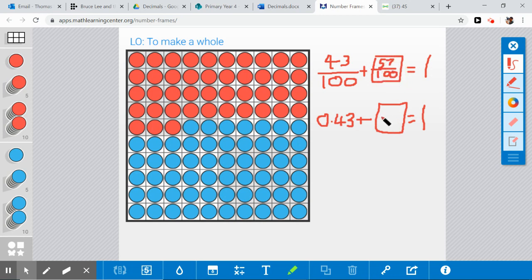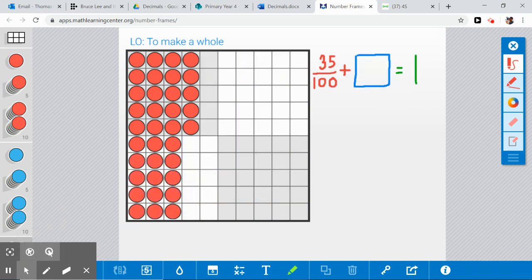And as a decimal, it would be 0.57. So we've got 43 hundredths add 57 hundredths equals one whole one. Or as a decimal, 0.43 add 0.57 equals one whole one.